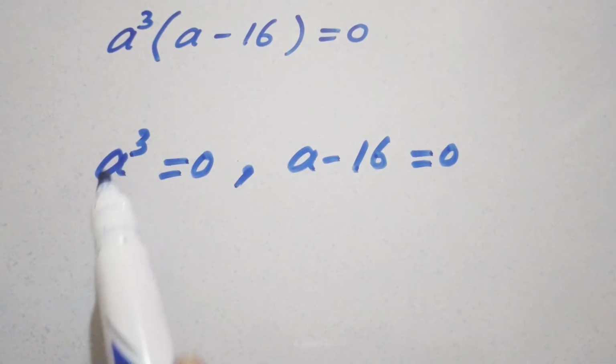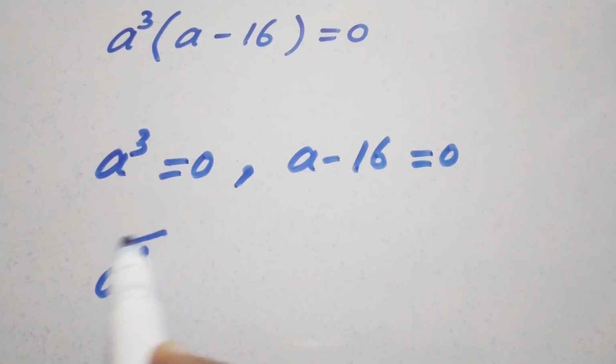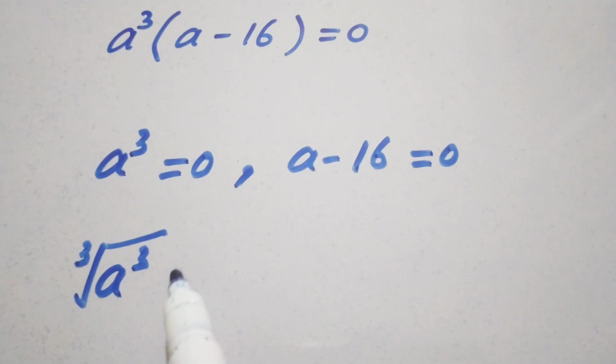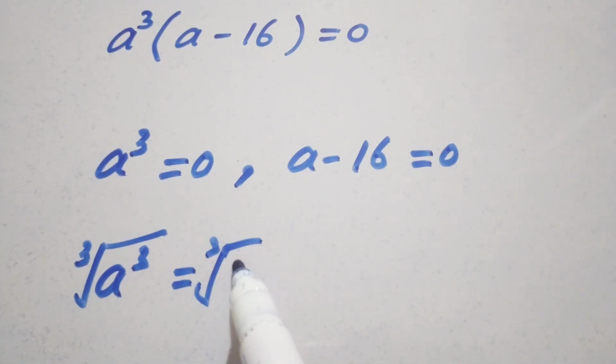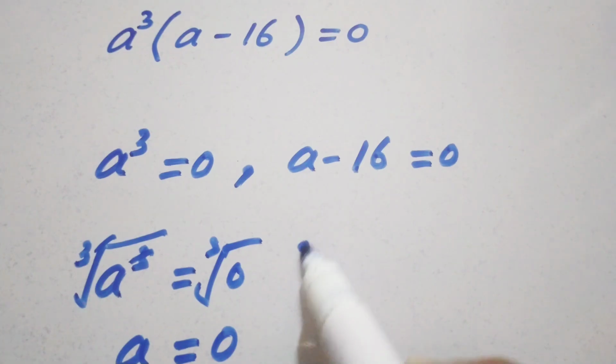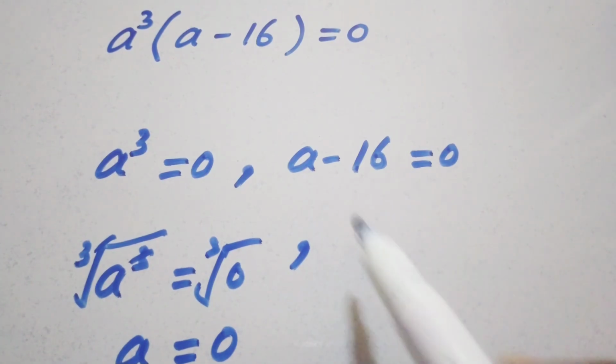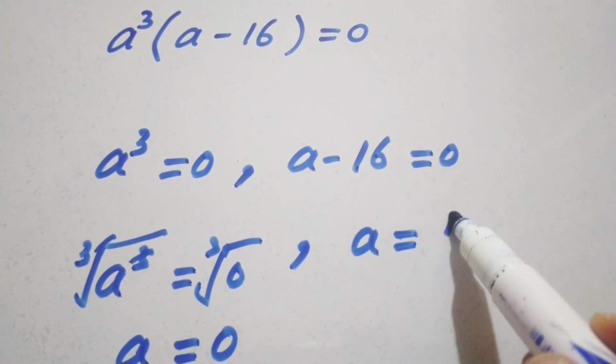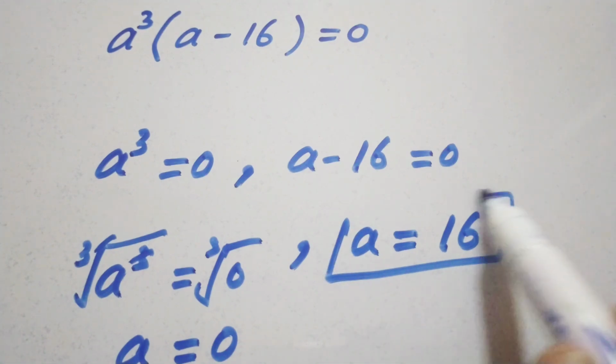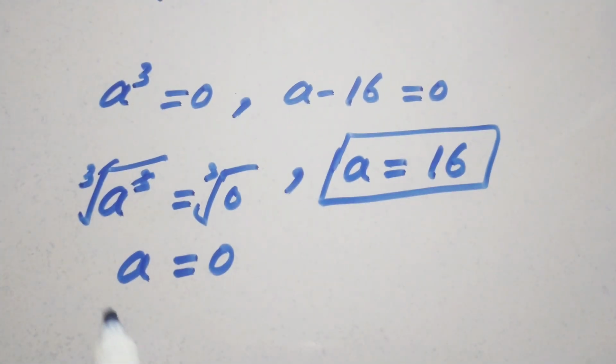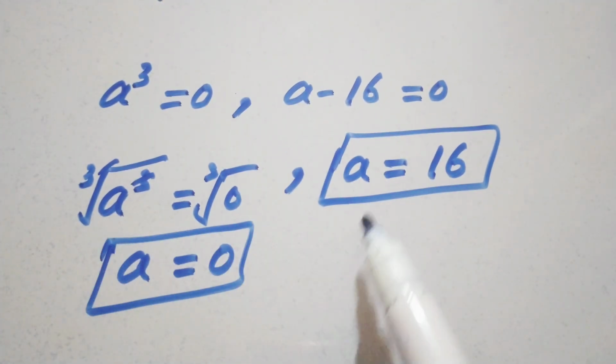Taking cube root on both sides, this will become a is equal to 0, and from this by adding 16 on both sides, we get a is equal to 16. We have found two values of a. First one is 0 and the second value is 16.